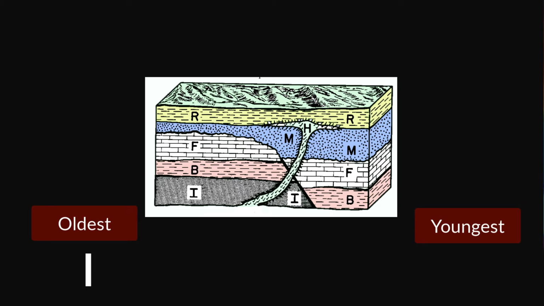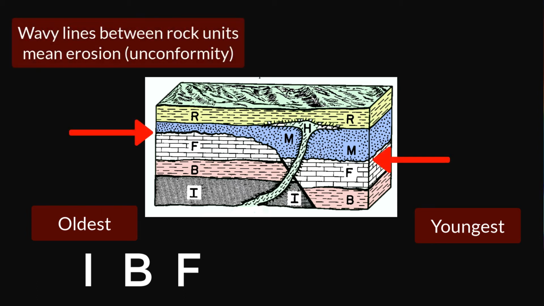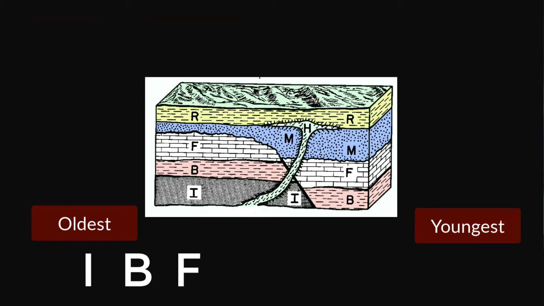So we see I, B, and F were deposited in sequence with one another, according to the principle of superposition. Now, do you see how the top of layer F is not a straight line? It is a wavy line. That means erosion has taken place there and an unconformity has been created.